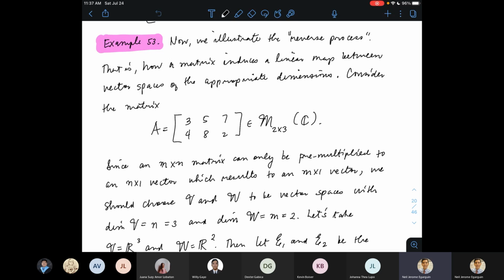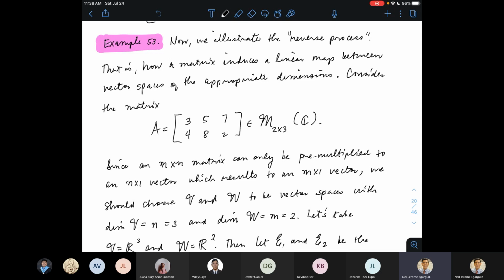So kaya medyo i-skip ko yung halimbawa Gauss-Jordan elimination, techniques in solving linear systems, because I think these are things that you are well versed with. So probably let's try to introduce something new, something that probably most of you have not seen before, para may madagdag, may mapulot kayong bago from this linear algebra class.